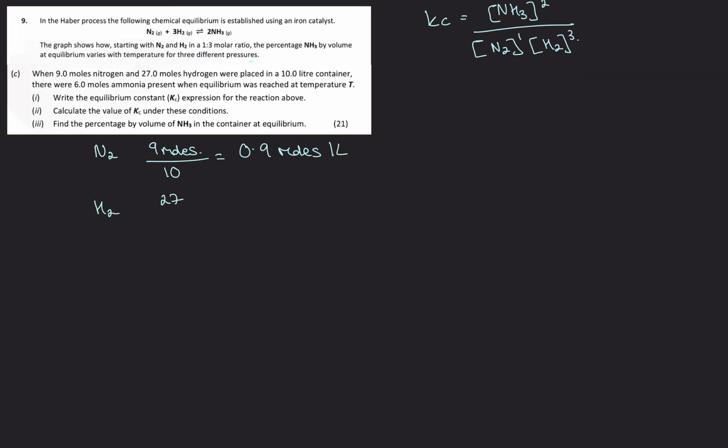Hydrogen, 2.7 moles per litre. And ammonia, NH3, 6 in the 10 litres, so it's going to be 0.6 moles per litre. That's just done now. Okay. So now we can do the rice chart.